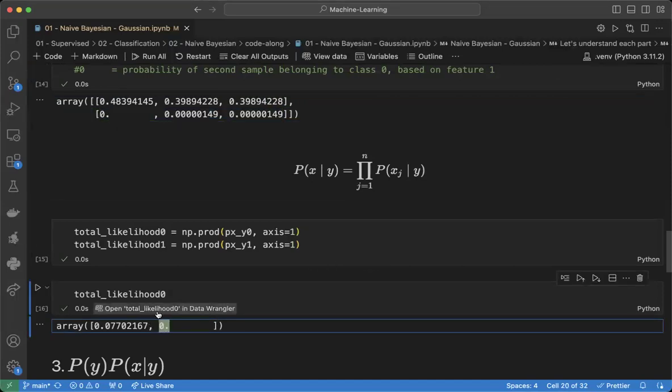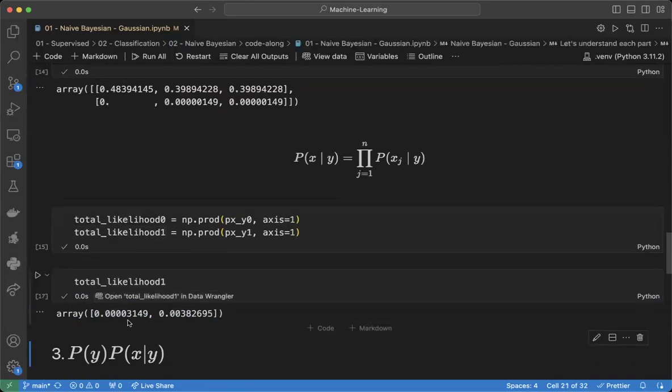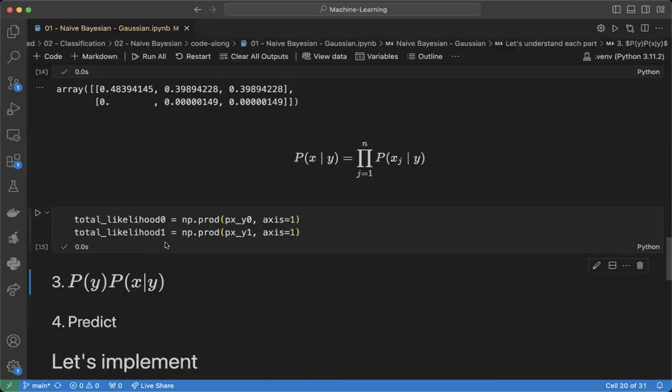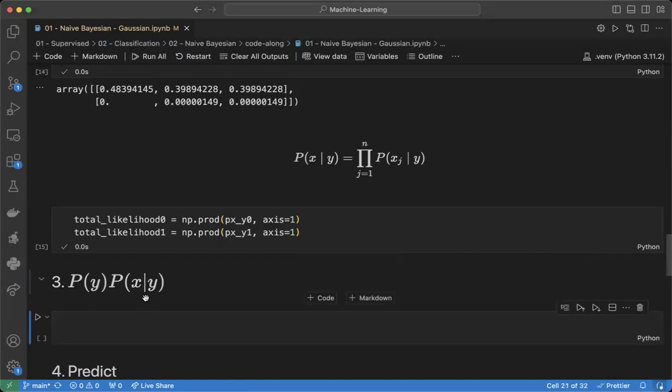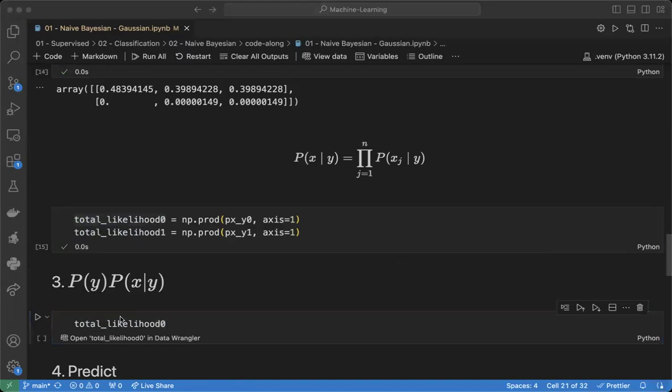So you can already answer which sample should belong to class 0. And if you go to 1, you can see that sample 2 has a much higher probability than the first sample when it comes to class 1, right? Great. So once we have that, we can conclude by multiplying them with py.